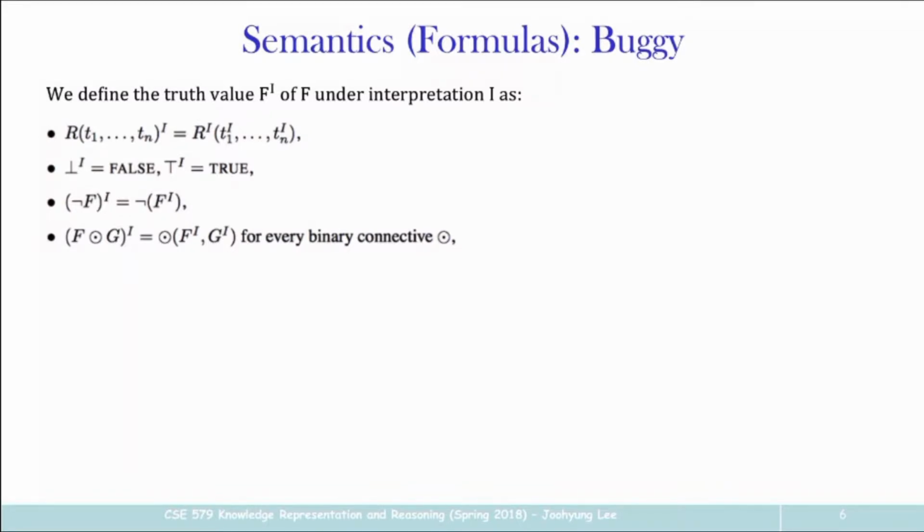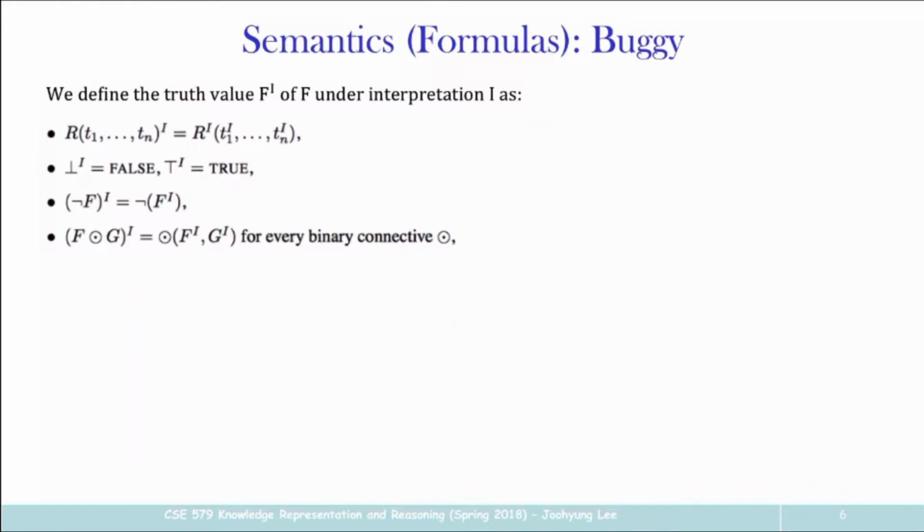The first four clauses are very similar to propositional logic, except actually the second, third, and fourth are exactly the same. The first is also similar, but now the atomic formula is more complex: a predicate constant followed by t1 through tn. This is the atomic unit of the formula.